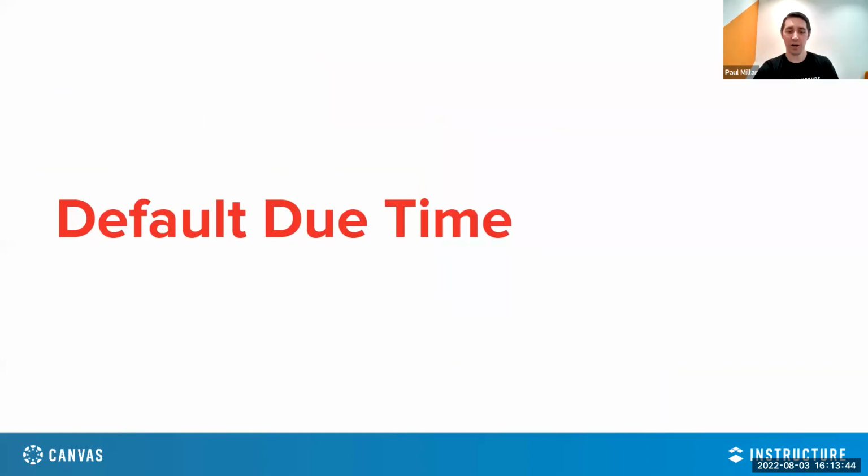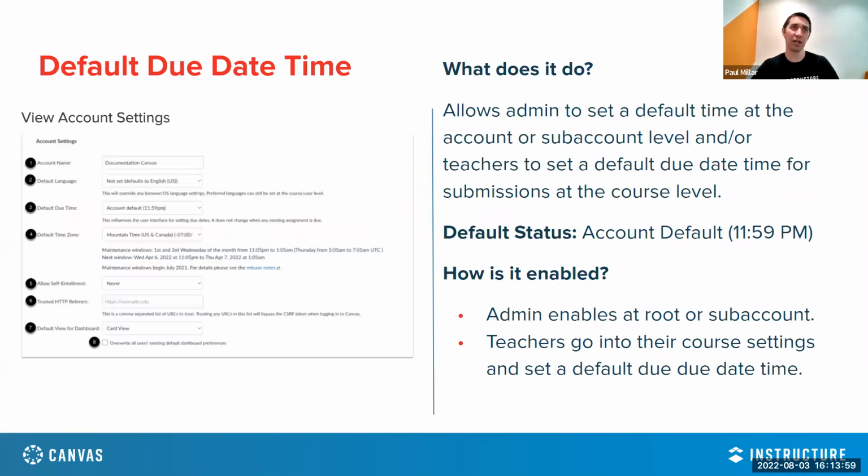All right, default due time. This is a lucky last before we circle back into some of those questions. This is a really handy feature that a lot of institutions have requested from us. Essentially it allows you to set a default due time for your assignments whenever a new assignment is created in your Canvas instance.